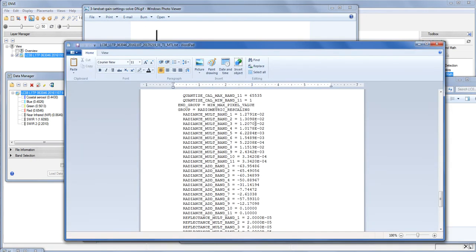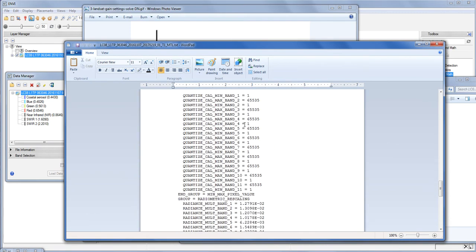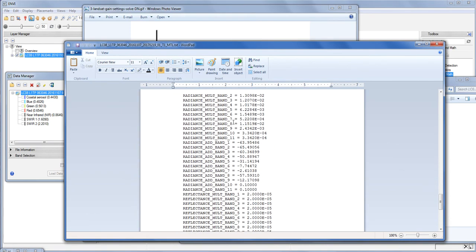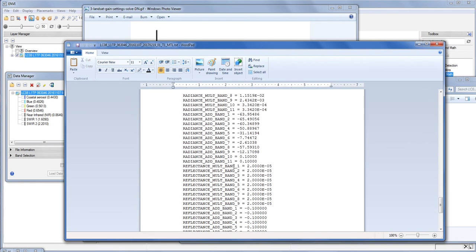If I click on that header file, there's a whole bunch of stuff that you scroll down through, but you'll get to this thing that says Radiance Mult Band. That's the Radiance Multiply Band, which is actually the gain. They decided not to call it gain anymore for Landsat 8. In Landsat 7 headers, you'll see it as gain. And then this is the bias or offset, so this is the B term. This is the slope of the line, and this is the y-intercept in here.